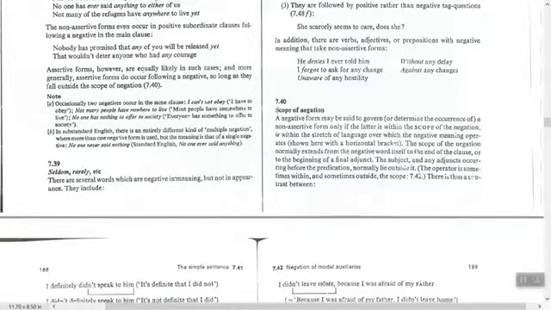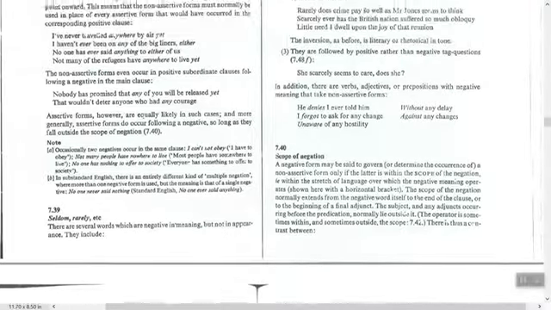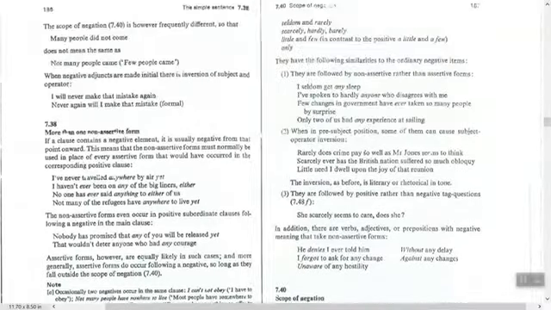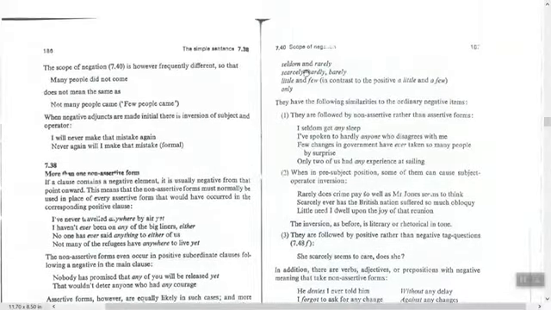The last point, we talked about this. Seldom, rarely, etc. There are several words which are negative in meaning, but not in appearance. In meaning, they are negative, not in appearance. For example, these words: seldom, rarely, scarcely, hardly, barely, little, and few, in contrast to the positive little and few only.